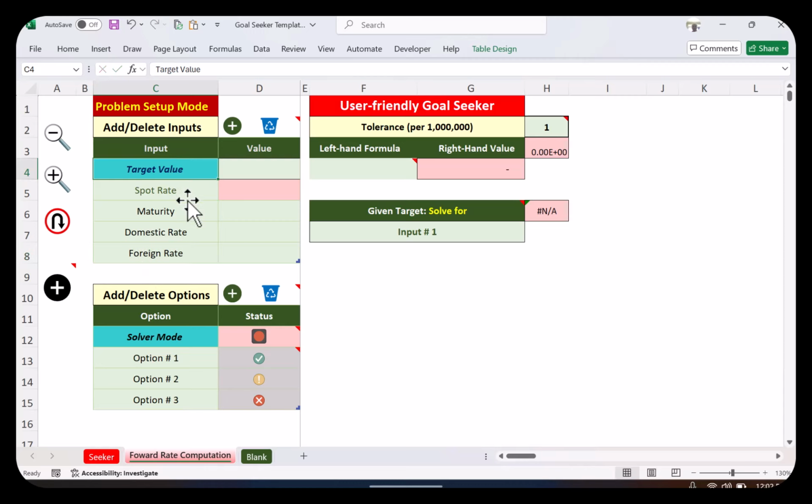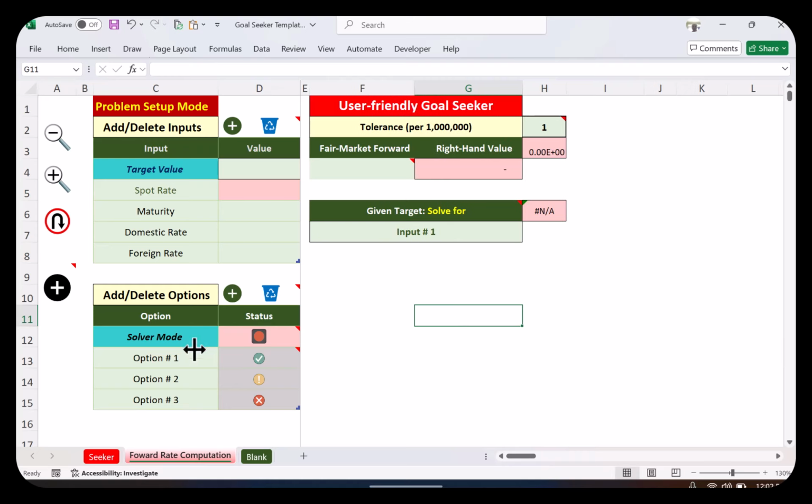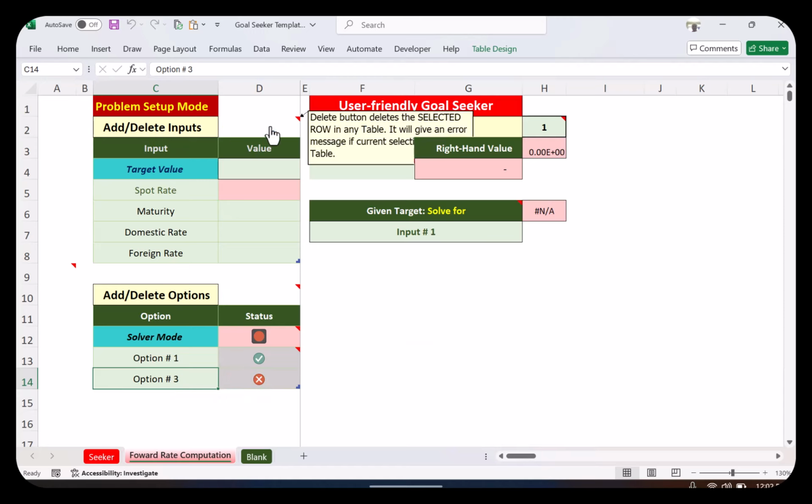And I'm going to call this fair market forwards. These are potential inputs, potential options, and I have 3 of them here. I need only one.